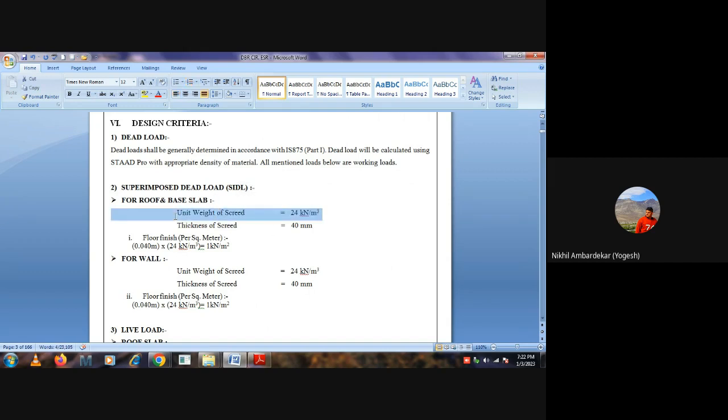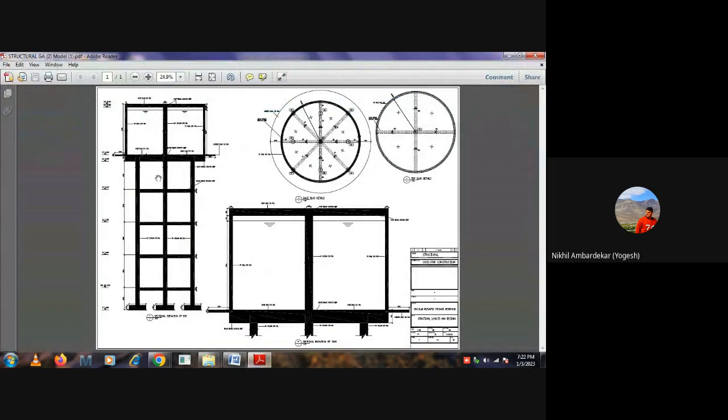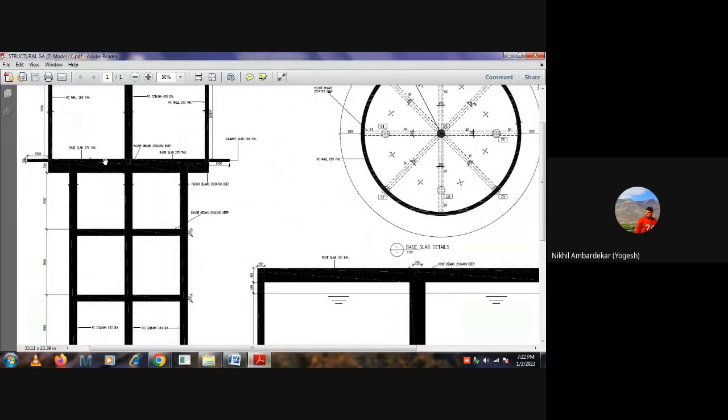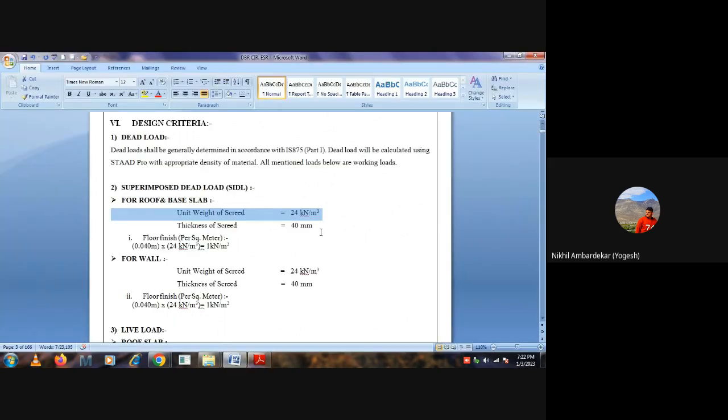The unit weight of the screed is 24, and we are assuming the thickness of that screed is 40 mm. What is the screed? After casting of the base slab, we provide some additional floor finish, or maybe you can call it waterproofing. So we need to consider that layer also, and its thickness is 40 mm.